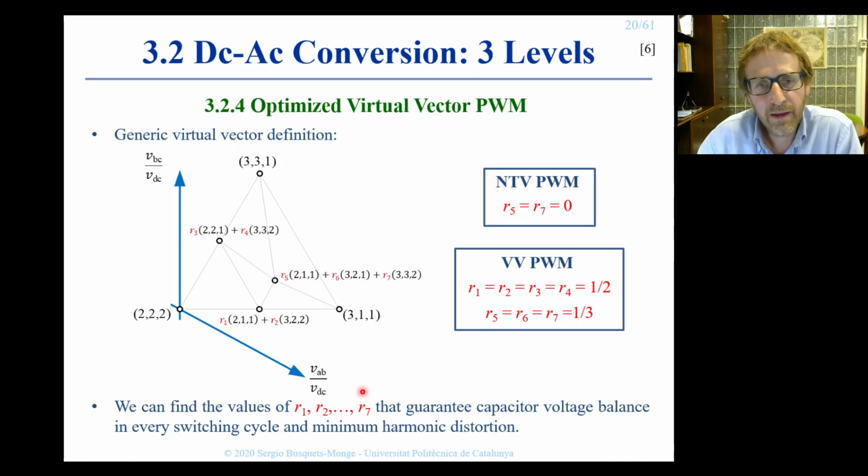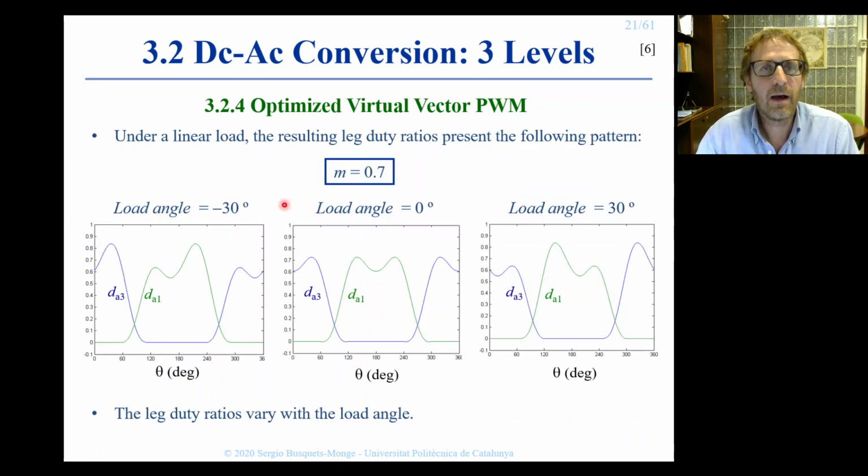If we find the values of the unknowns in every switching cycle through mathematical optimization algorithms to minimize harmonic distortion in the case of a linear load, we obtain the leg duty ratio patterns shown here. For a load angle of 0 degrees, we obtain a similar duty ratio pattern as in the original virtual vector pulse width modulation, but the waveform is softer.